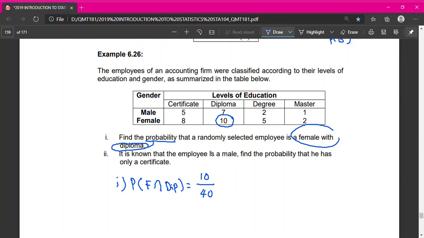So, number of outcome of female intersect diploma kena divide dengan total of the sample space, bilangan sample space semua sekali, which is 40. So, the answer will be 0.4. Salah. Not 0.4, right? It is 0.25.